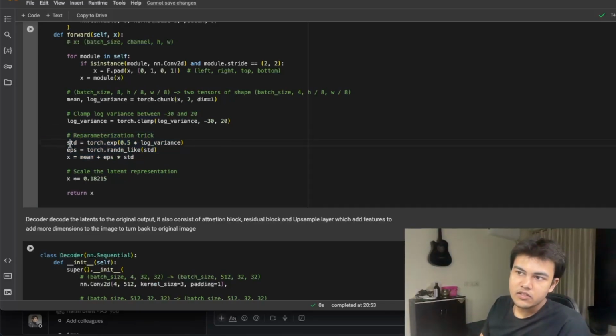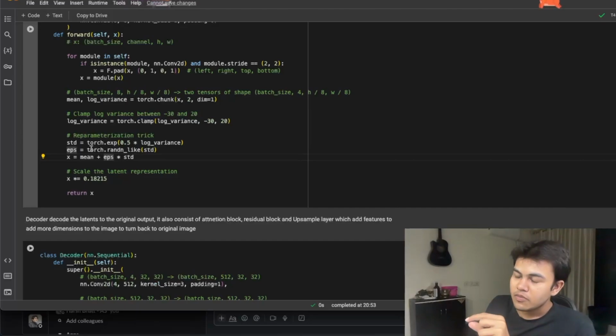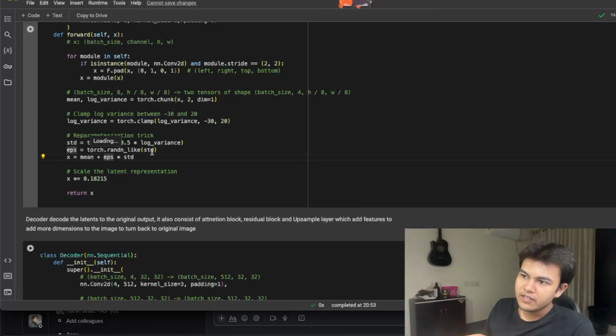So this is the STD, standard deviation. We can use the log variance and then call the torch.exp function to generate the standard deviation. And then EPS is basically a constant, and this is the formula for generating the latent.